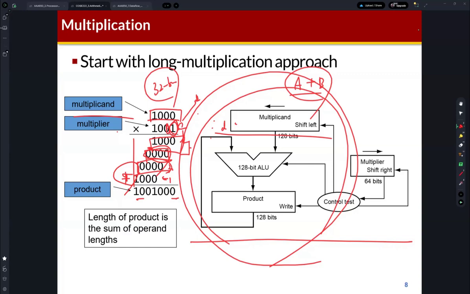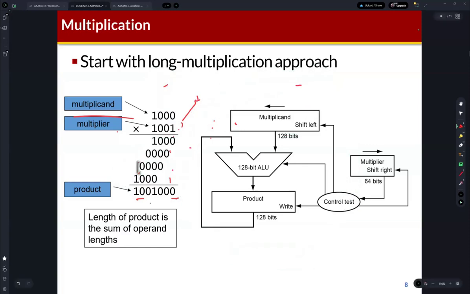That's very long, so it's a very high latency. If we just consider performance, it's not a good design. Then how can we improve the performance? This is an algorithm for computing binary multiplication. So how can we increase the performance?